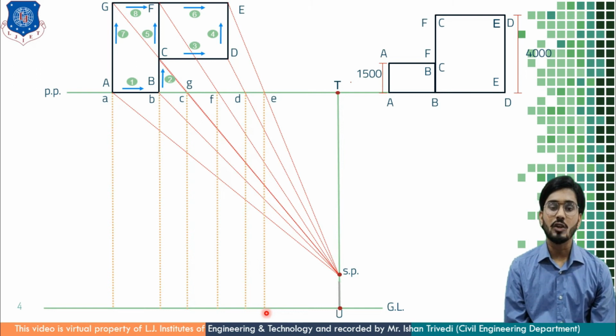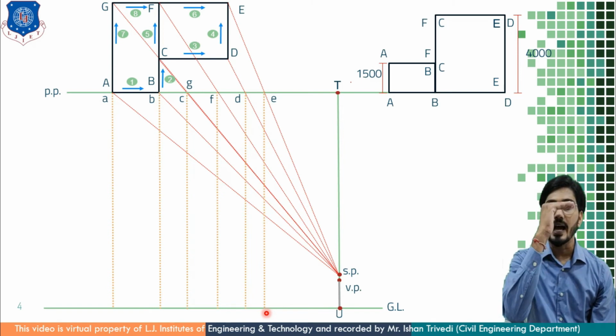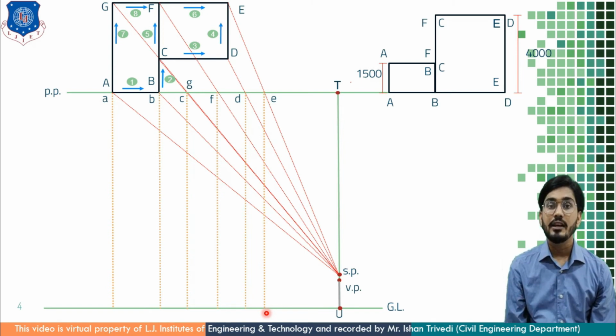Now the height of the observer has been given, that is 2 meter. And we have studied in our concept that everything merges at my eye level, and that we call vanishing point. So whatever the height of the observer, that point is called vanishing point. Understand these things. So I am putting that height.